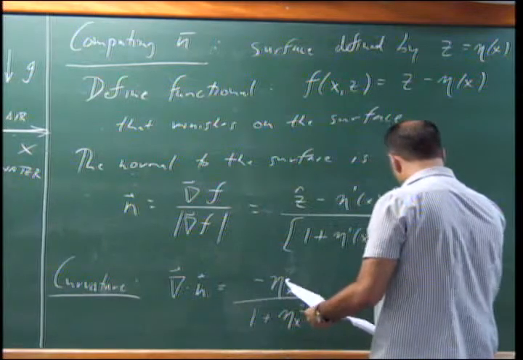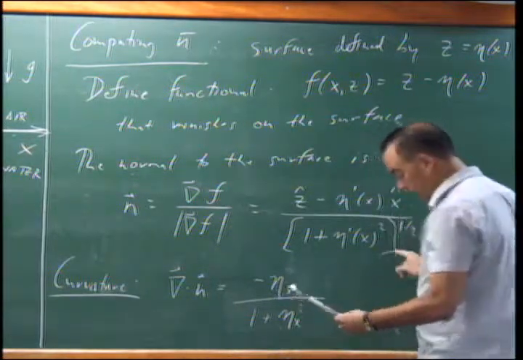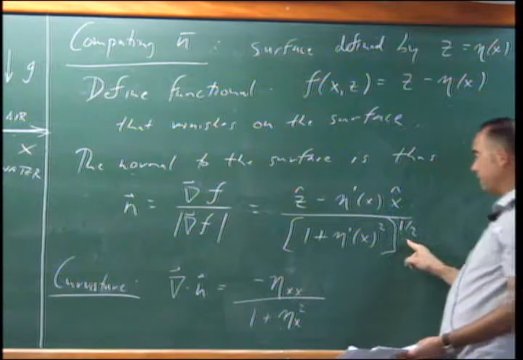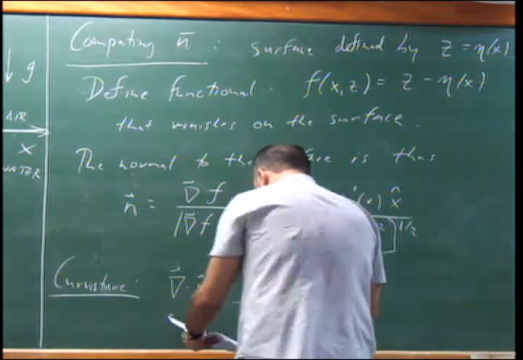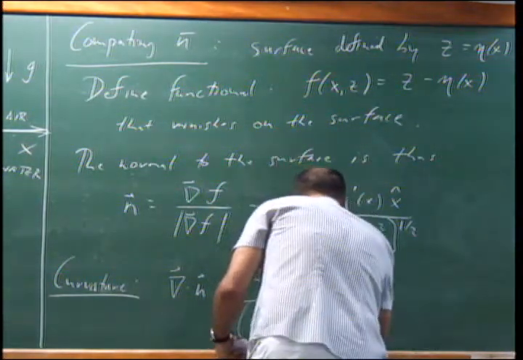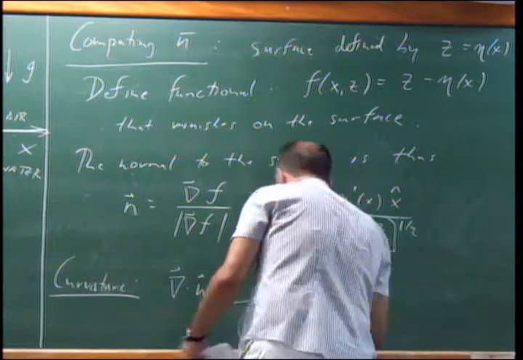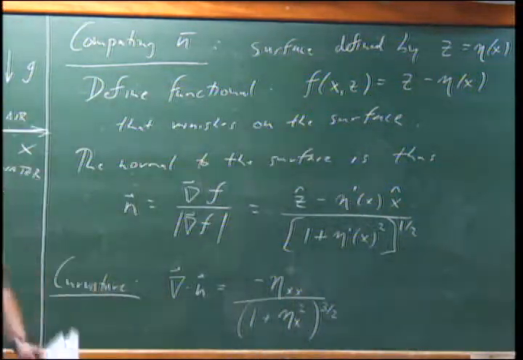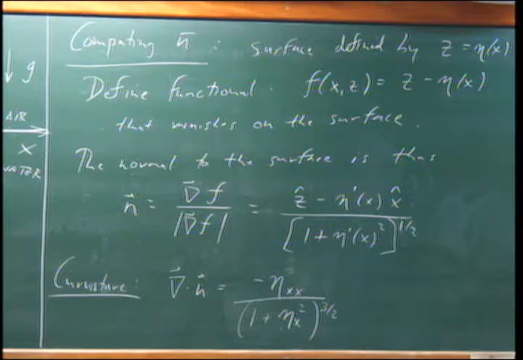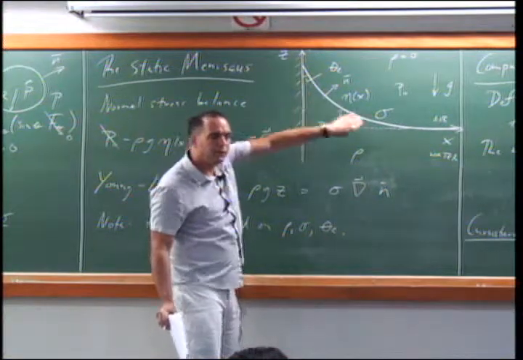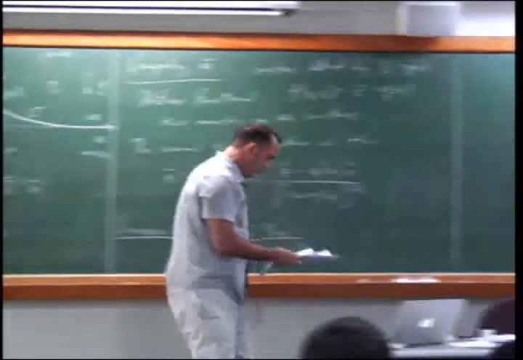This should be 1/2 here. Sorry, I mixed two steps. This is 1/2 here, and this is 3/2. In your notes, I just linearize it and solve this equation with the linearized div of n, which is valid provided this angle is small. But you can do it in all generality.